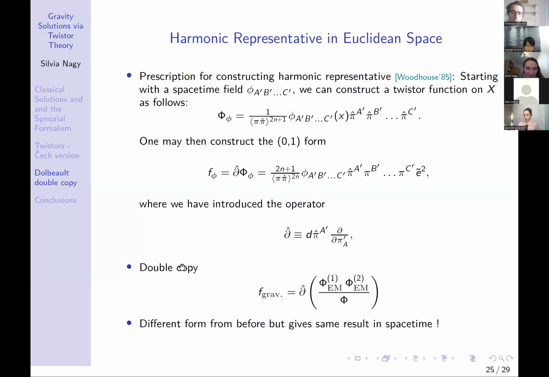And then it turns out that one can define a different version of the double copy, which follows somehow very immediately from the space-time double copy, where I put together these phi's here.